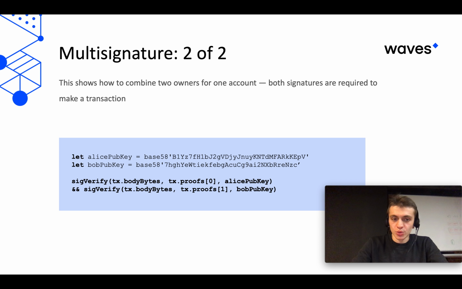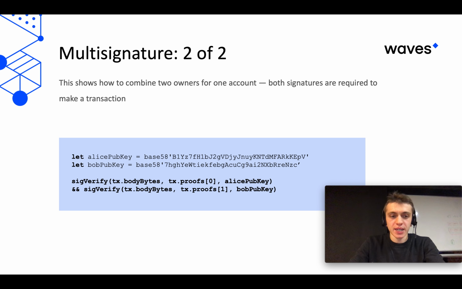We define 2 public keys, and we write sig verify for the first proof, for the first signature, against Alice's public key. So check the signature for this transaction for Alice's public key, and there's a logic operator and check the signature for this transaction, but the second signature, proofs with index 1, against Bob's public key.